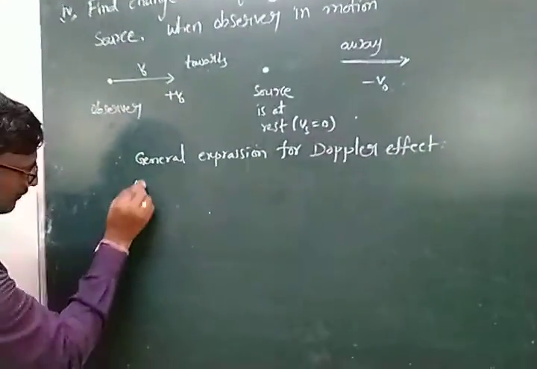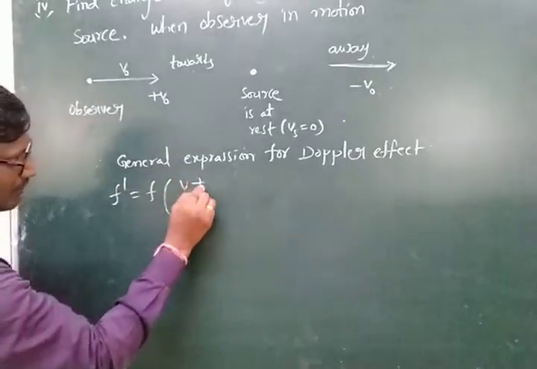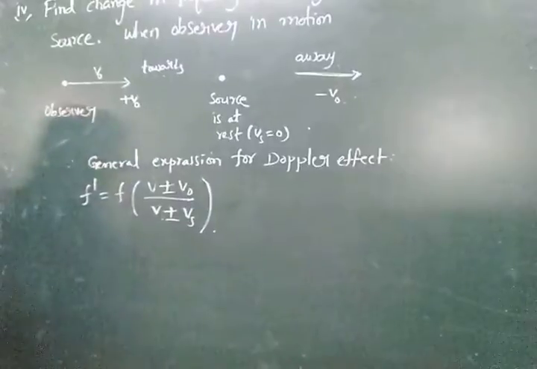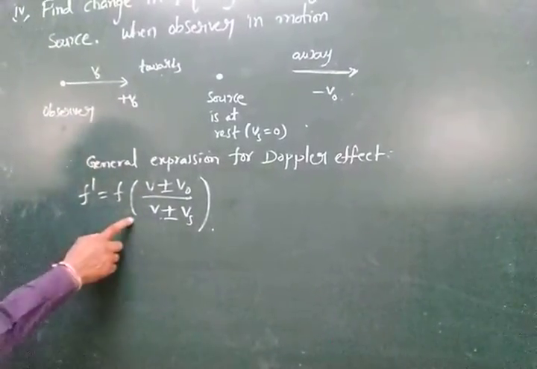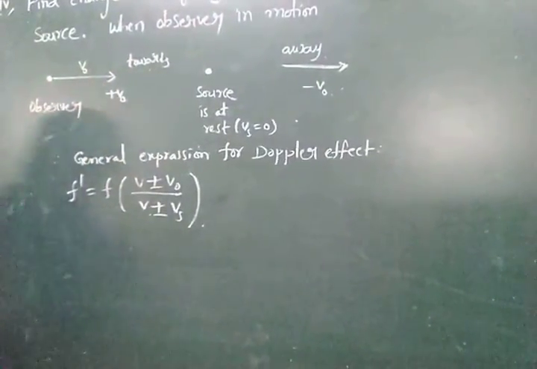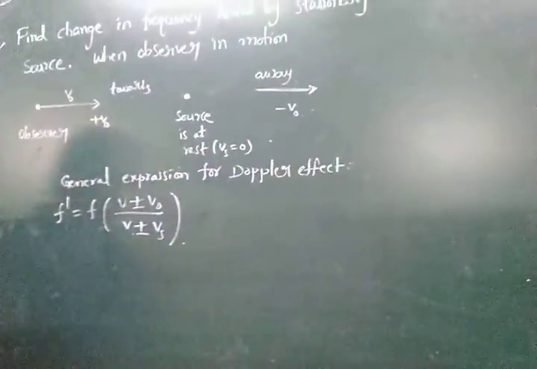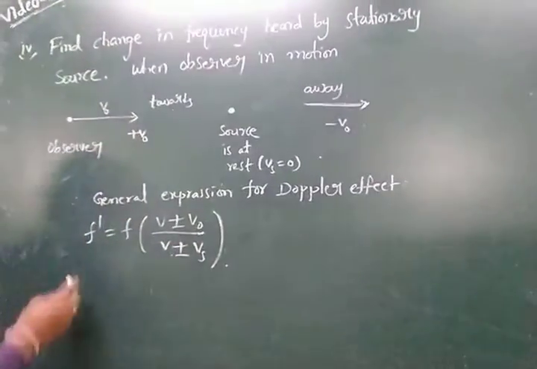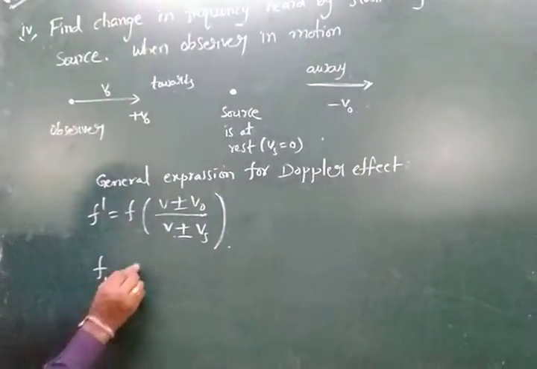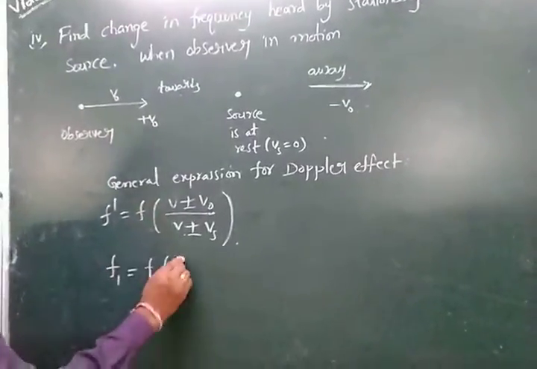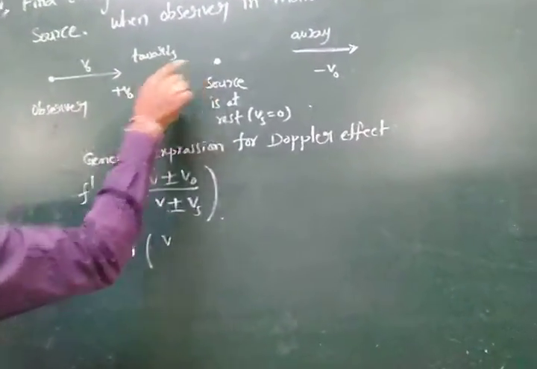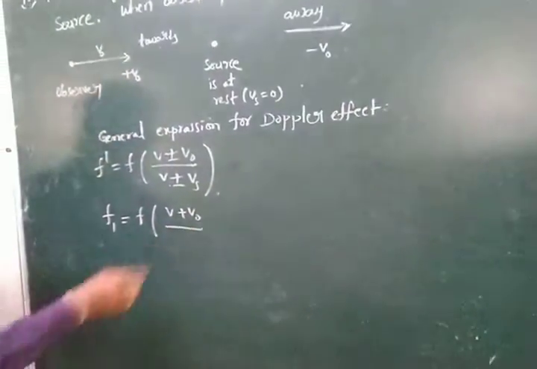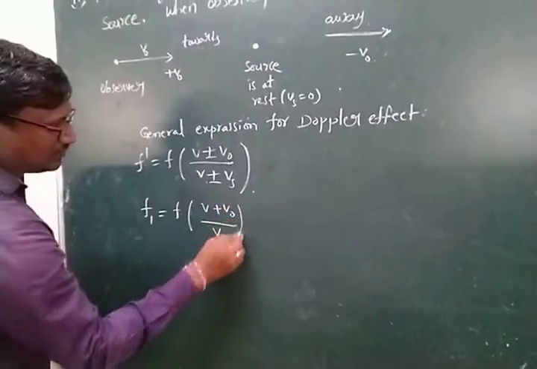See, what is f dash? f dash is equal to f into v plus or minus v naught by v plus or minus vs. Now it is the condition: we can apply that towards the source and away from the source. Here there are two frequencies. The first frequency, consider f1 is equal to f into v plus v naught by v, as vs is 0.